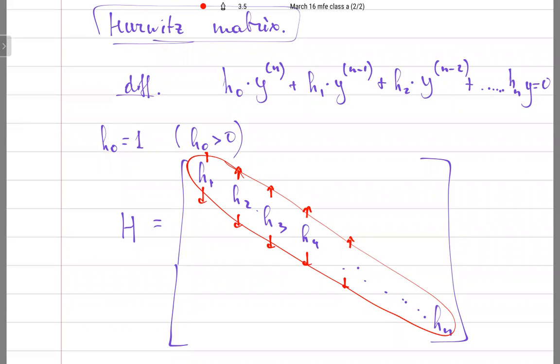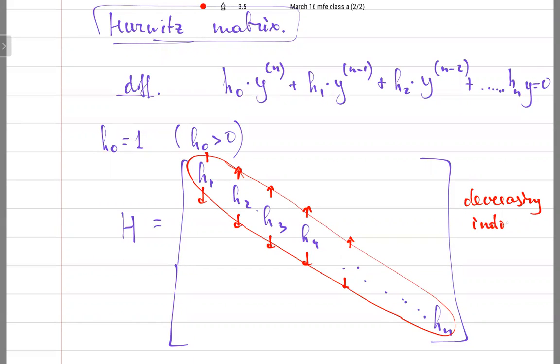You just write H1, H2, H3, Hn on the diagonal, and then you fill every column. The only thing is decreasing indices.